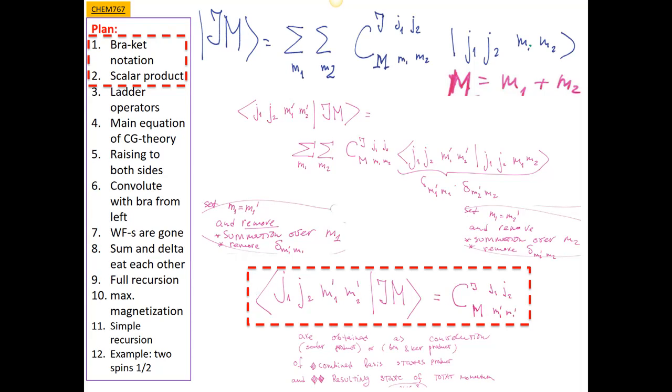This set of coefficients J, J1, J2, M1 and M2. Some people use a different order of the indices. And what if we multiply this expression by the bra vector from the left? Bra from left.